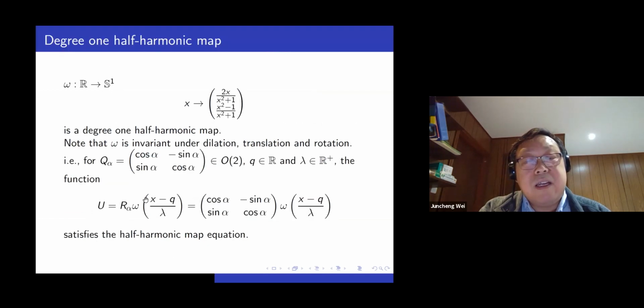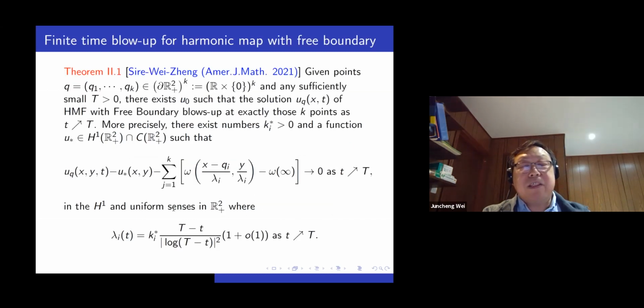So now let's look at the degree one map. You can write down the degree one half-harmonic map, which is nothing but a stereographic projection, and you have translations and rotations. So the first result I did with Yannick, Sire, and Juncheng is a finite time blowup.